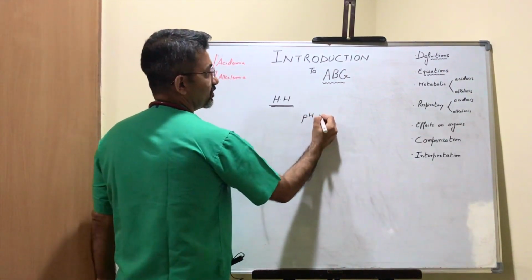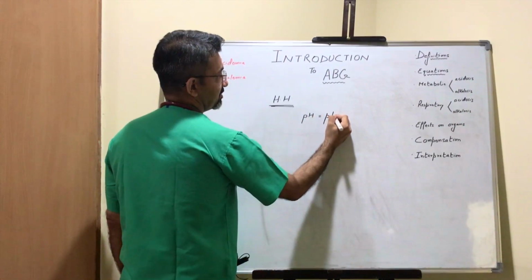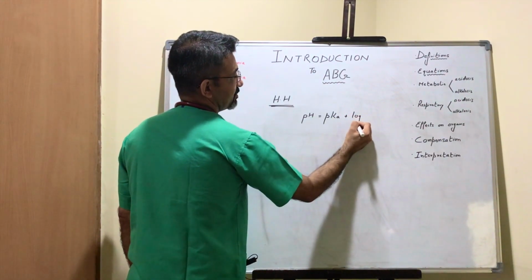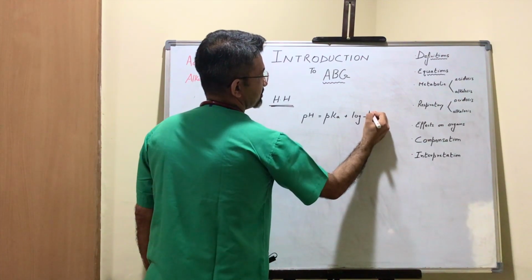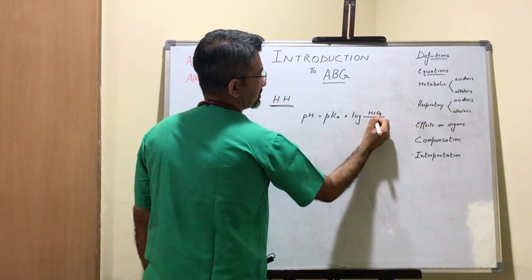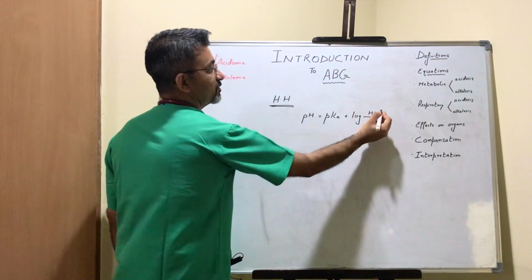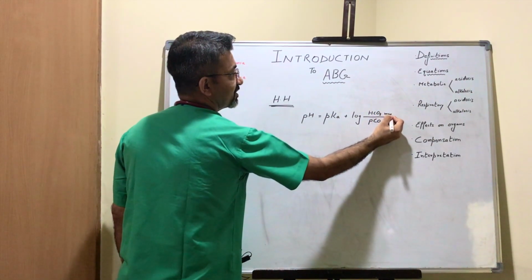So pH is equal to pKa plus log of HCO3 concentration divided by partial pressure of carbon dioxide. HCO3 is in milliequivalents per liter.